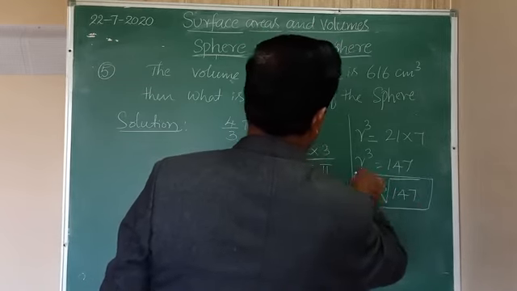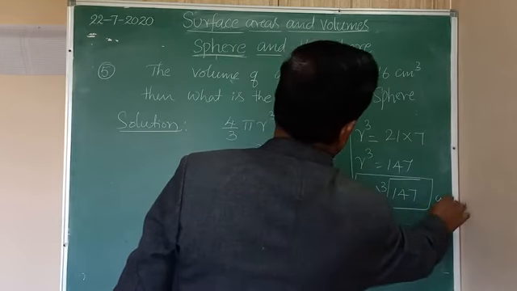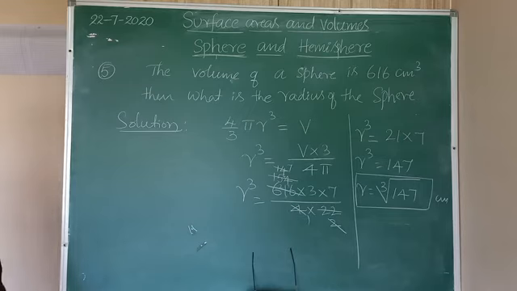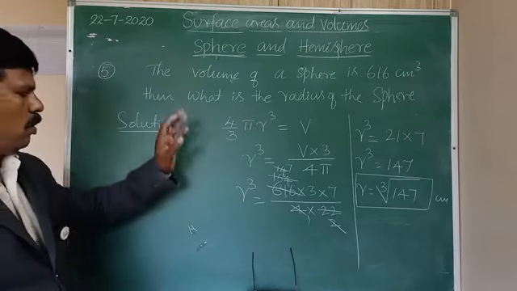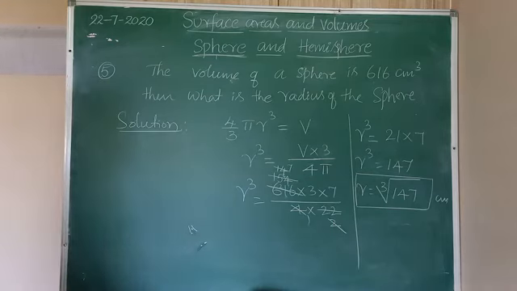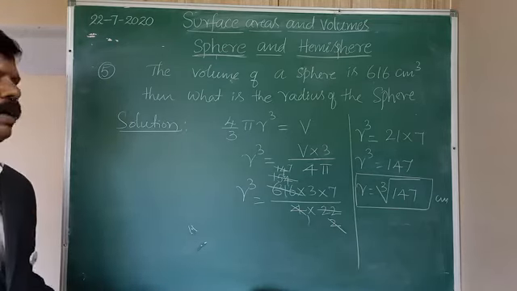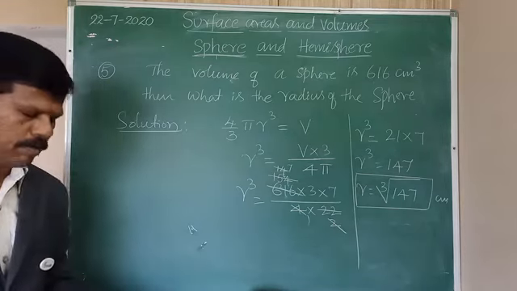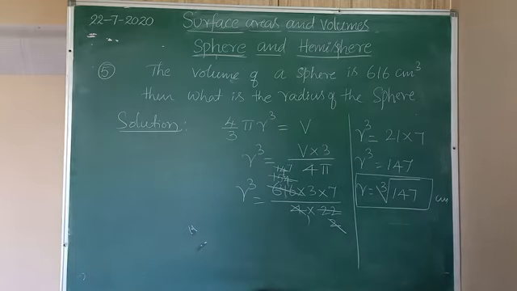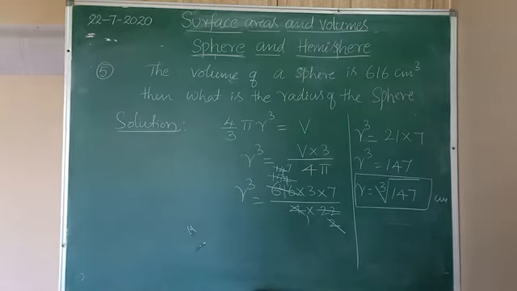There is no exact cube root for this, so centimeter. I should keep it as it is. Clear? So this is the volume of the sphere, and hemisphere is also there. You divide that by 2. Whatever volume you are getting, you just divide it by 2. That is the volume of a hemisphere.